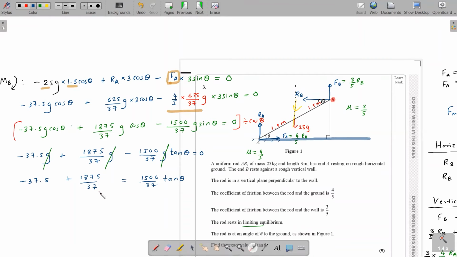What do we get? 975/74. So 975/74 equals 1500/37 tan theta, making tan the subject.